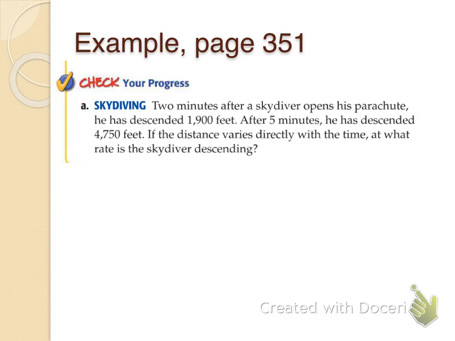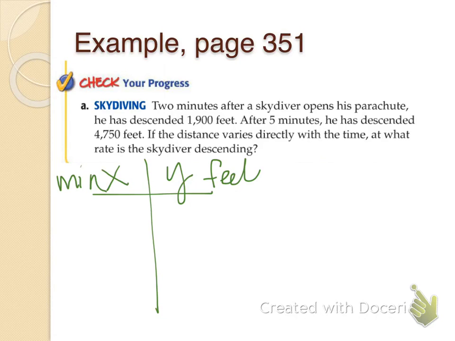Okay, let's make us a T-chart, X and Y. We're going to let X be minutes, and we're going to let Y be feet. It says after 2 minutes, he descended 1,900 feet. So 2 minutes, negative 1,900.